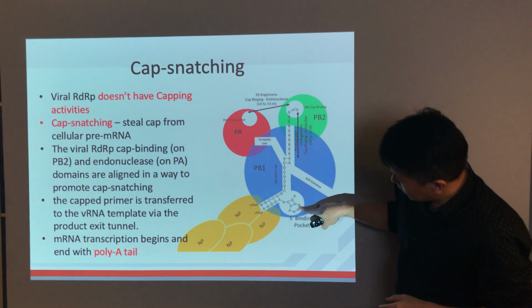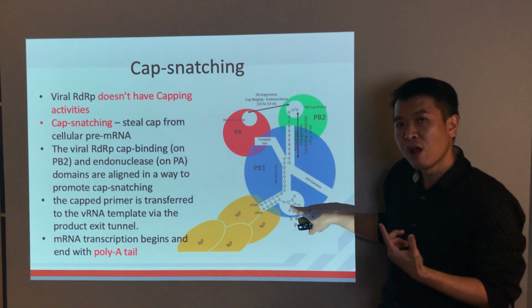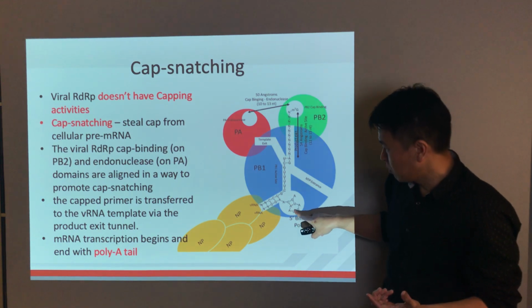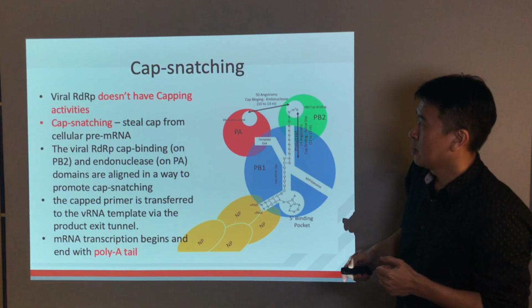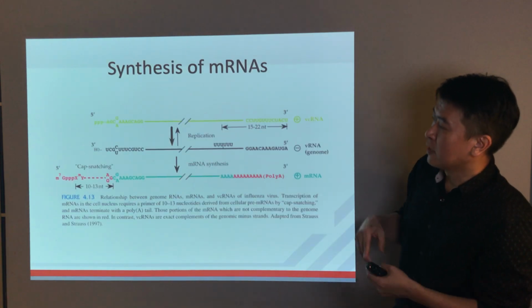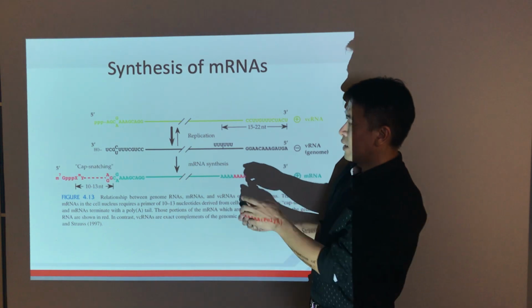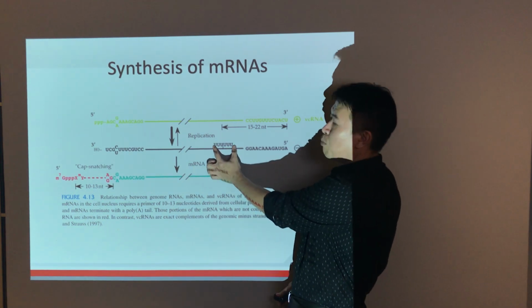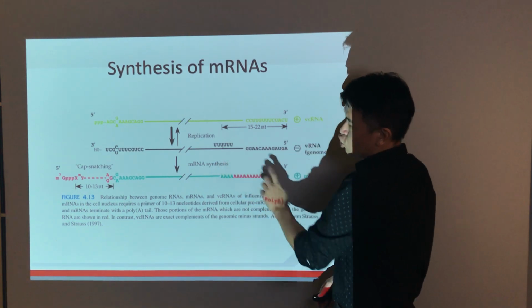We can see from here the front end, this is the 3' end, the front end of the viral genome doesn't have U. But when we carefully analyze the genome of the virus, we notice that there is a stretch of poly-U in the middle of the genome.